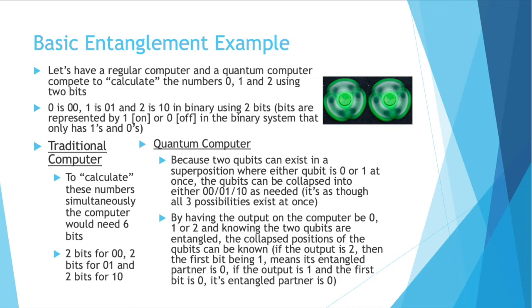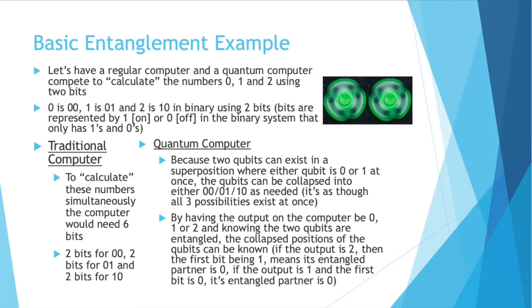In binary, 0 is 00, 1 is 01, and 2 is 10, and that takes 2 bits. The bit 1 represents on, and the bit 0 represents off in binary, because again, binary only has 1s and 0s. A traditional computer would need 6 bits to calculate all 3 of these possible answers.